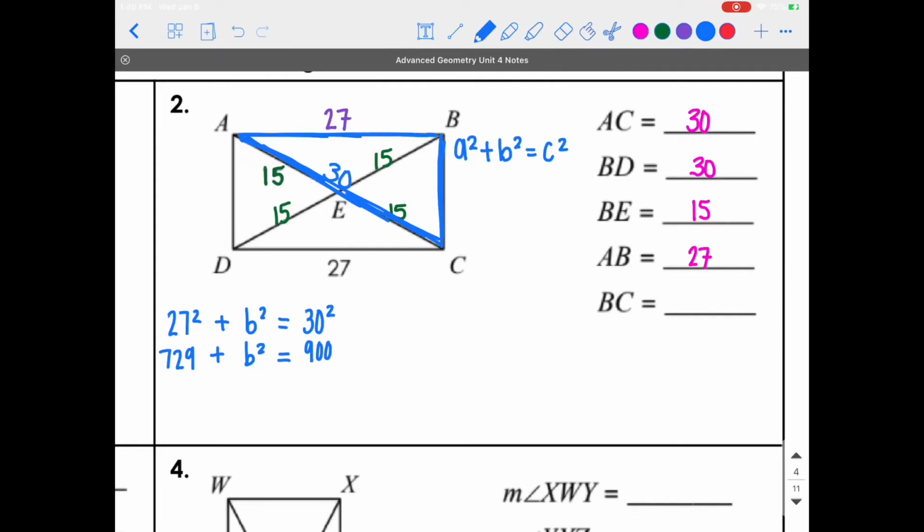If we subtract 729 from both sides, we get B squared equals 171. And then if we take the square root, we get B equals 13.1. So BC is 13.1.